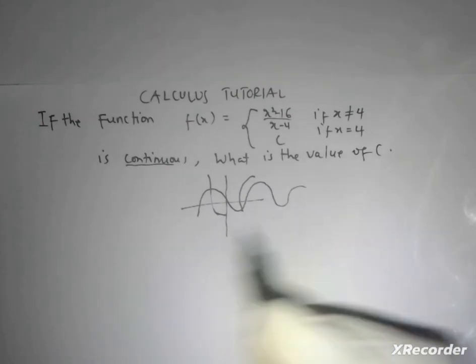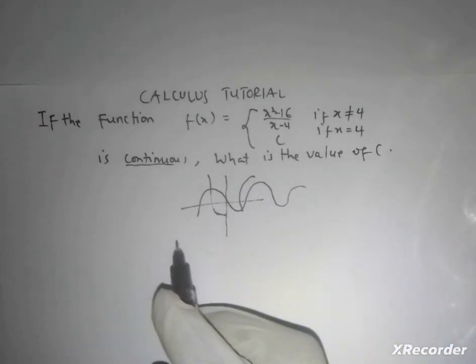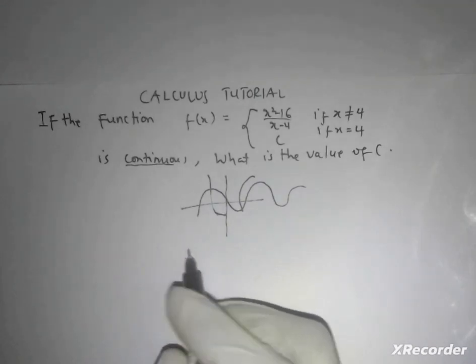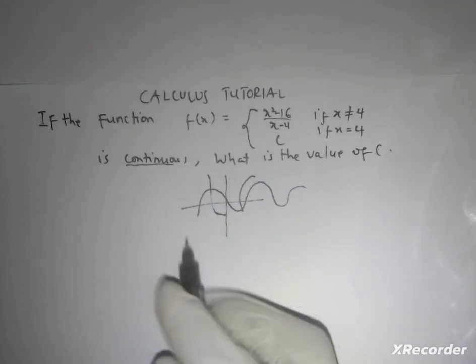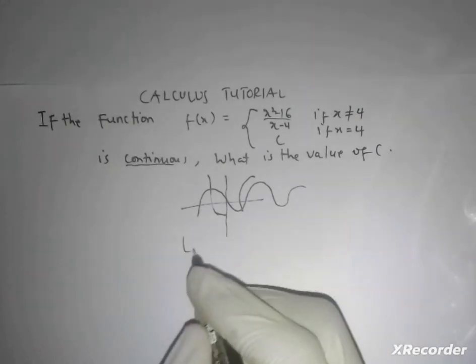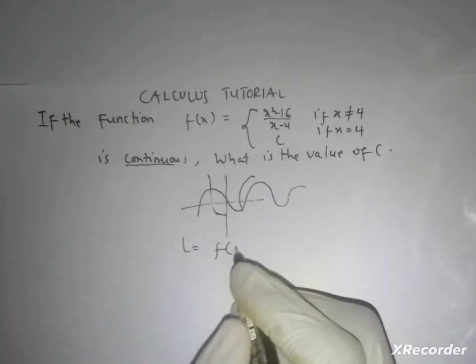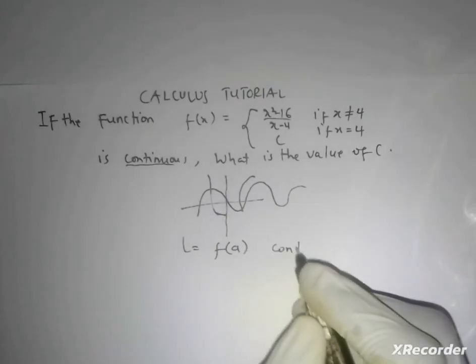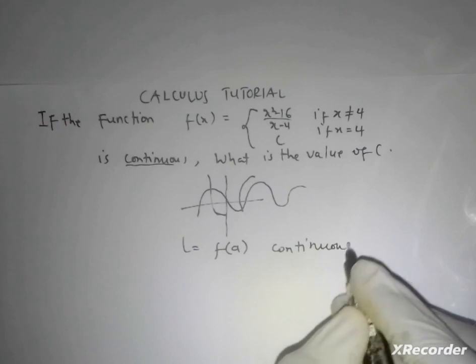Now, once you've got to know about continuity, the next thing we're going to talk about is limits. So the limit point becomes the same as your functional value, provided your function is continuous. Take note.